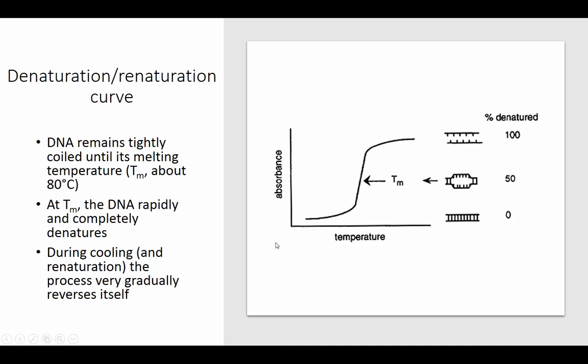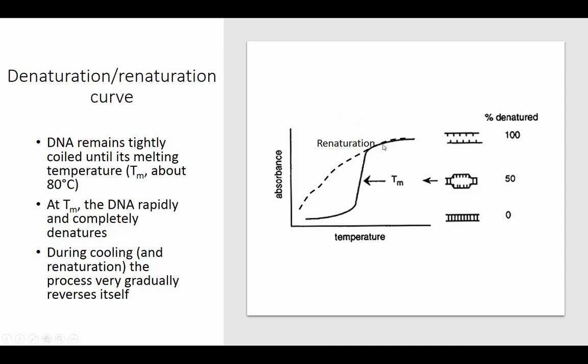During cooling, and what we call renaturation, the process very gradually reverses itself and looks like this. This is what renaturation looks like in sort of a way here. It is not this all of a sudden type of process where it suddenly goes back to being tightly coiled and base paired together and all that.